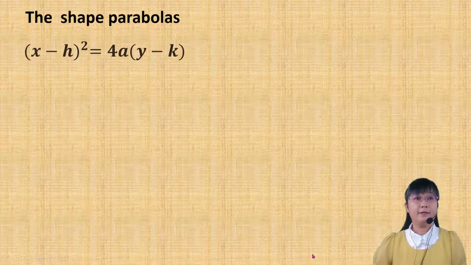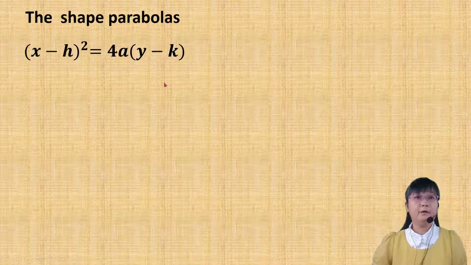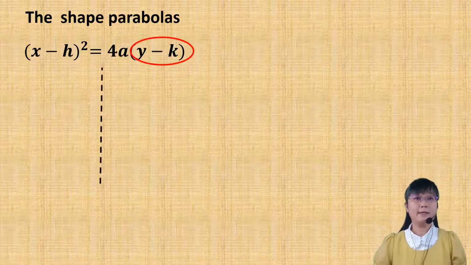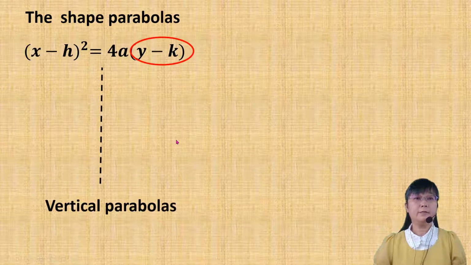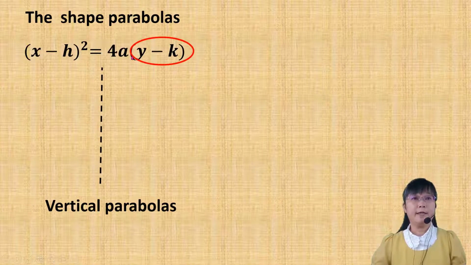Now, from the standard form of the equation of the parabola, if the linear term is y, then the axis of the parabola is parallel with the y-axis. That is, the parabola is a vertical parabola. But for vertical parabolas, the shape can open upward or open downward. So, we look at the a.